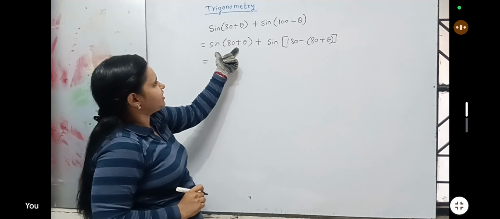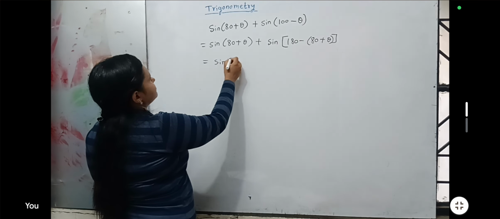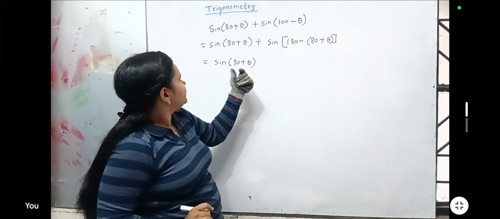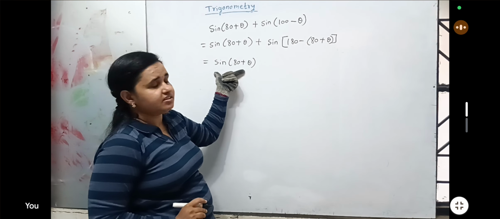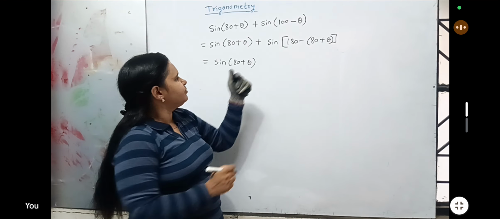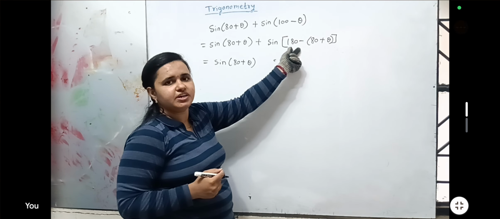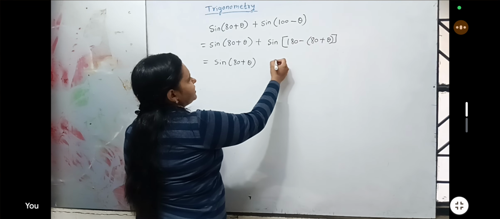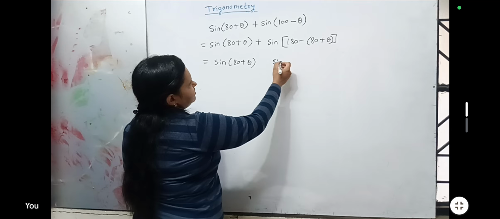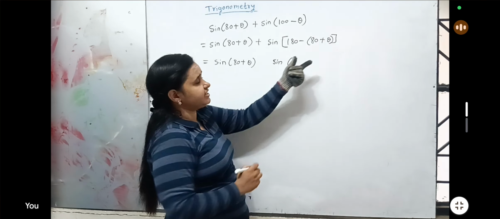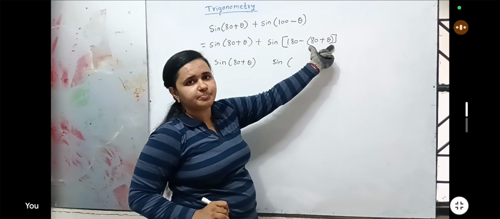Now sine of 80 plus theta, we write it as sine 80 plus theta plus sine of 180 minus 80 plus theta. 180 is even multiple of 90, so the ratio will not change. We can write it as sine, and here theta is this whole 80 plus theta.